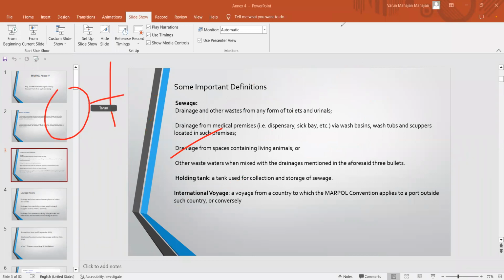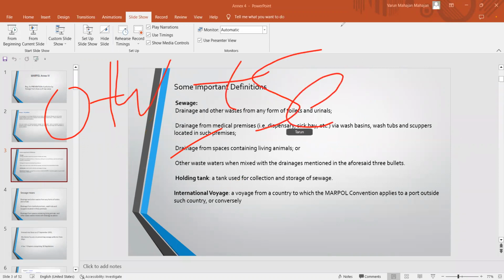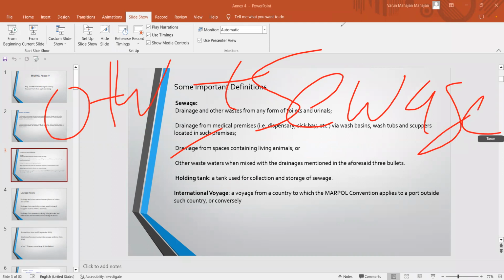Other waste, when mixed with sewage, will be treated as sewage. If you are mixing your grey water with the sewage, then how will you treat that? Sewage, sir. Sewage. Other wastewater when mixed with the drainage mentioned in the first points will be treated as sewage.